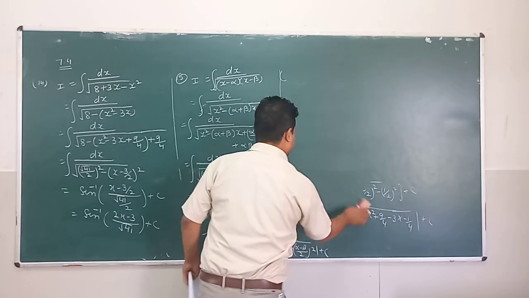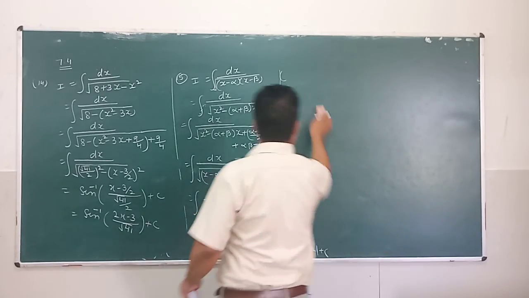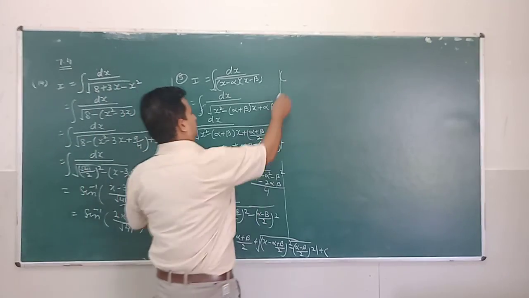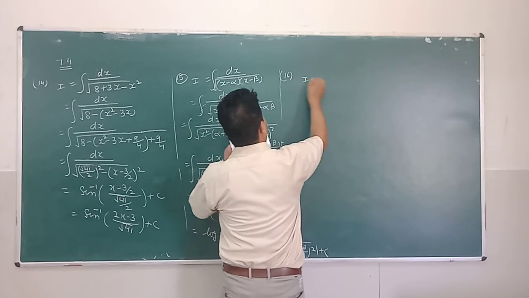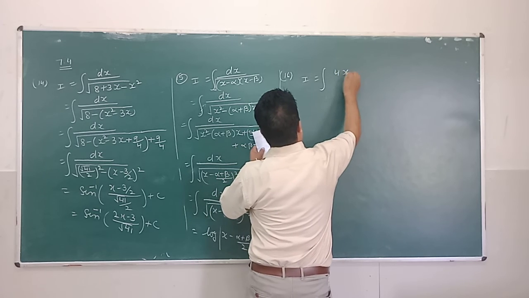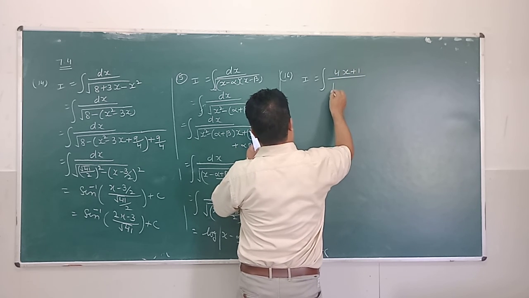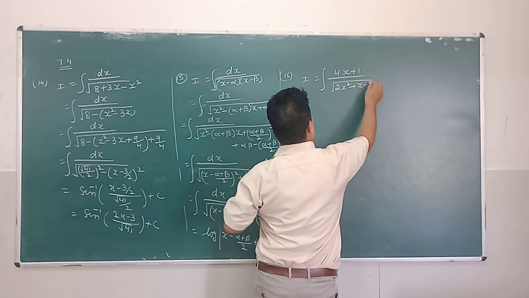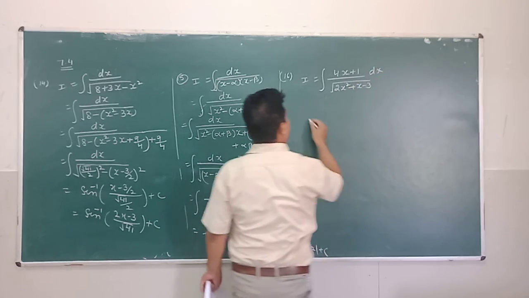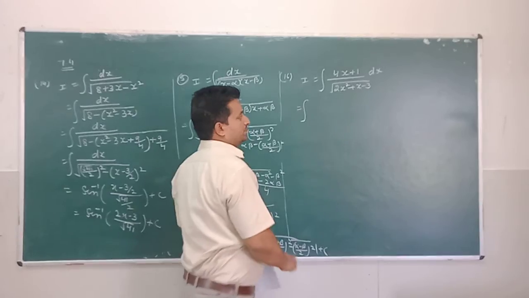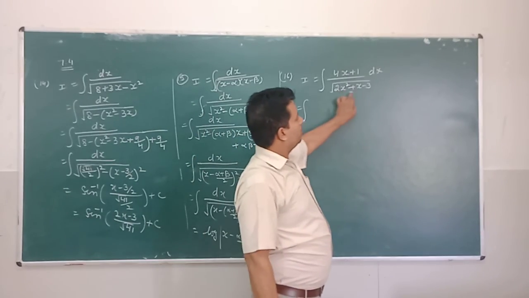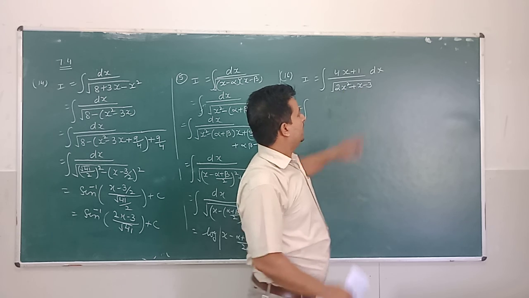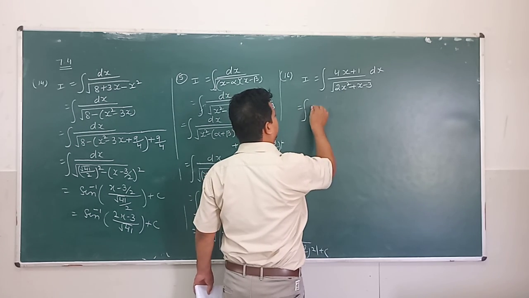In the next question, question number 16, the statement is I equals integral of 4x plus 1 upon 2x square plus x minus 3 dx. So in this question, the derivative of this denominator: derivative of 2x square is 4x and derivative of x is 1.